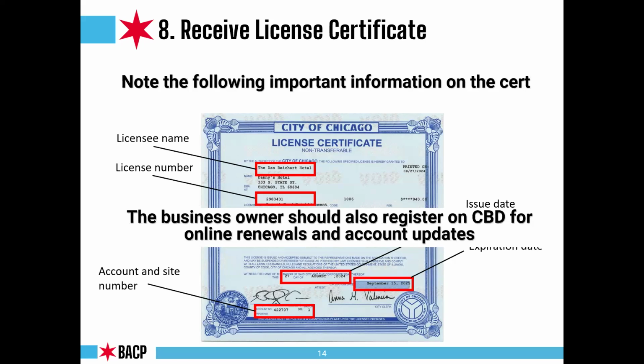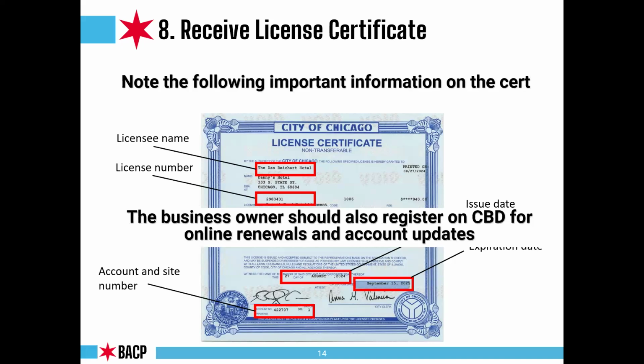But if you apply for your license in person, you want to complete this step in person. You can do it here, as a matter of fact, at the center. We do have a public computer available. The moment you're done with the consultant, you can jump on that computer. We can help you enroll in Chicago Business Direct, so that you create your profile.